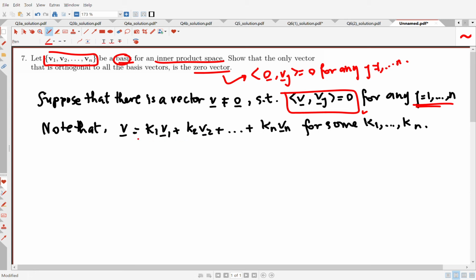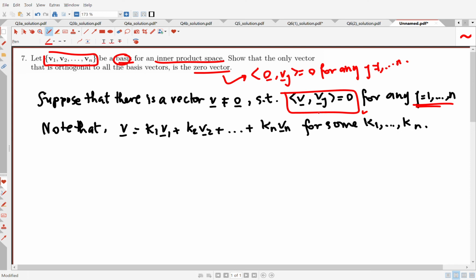Okay, so imagine if I take the inner product with Vj, this will be 0, but then this part cannot disappear, because this is not an orthogonal basis. Okay, so it is not so good.